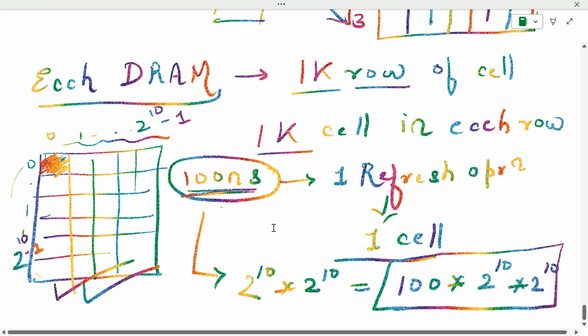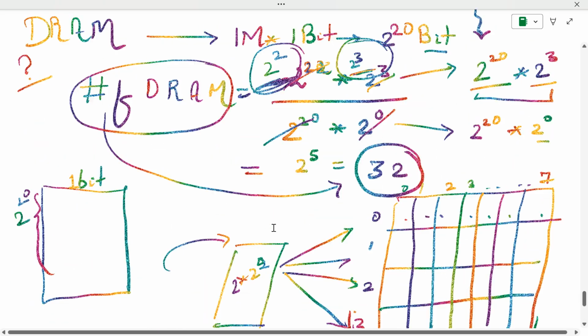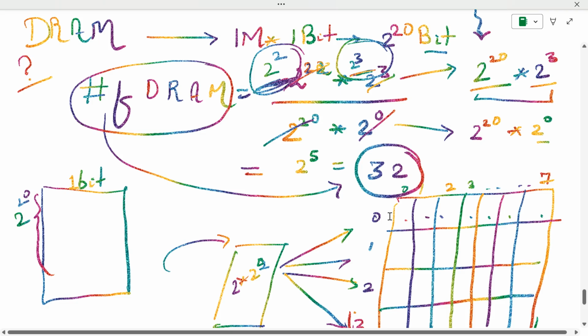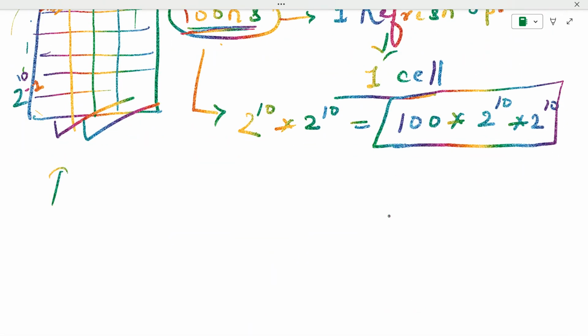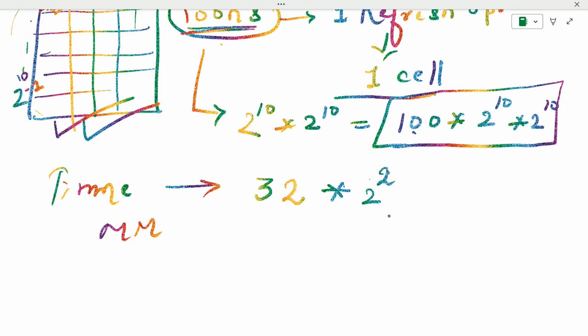Now for the memory, we have already seen how many DRAM chips are required. It is 32. So if we talk about the time required for performing the refresh operation for the entire main memory, we need to perform it for all the 32 DRAM chips, and one DRAM chip requires 2 to the power 20 into 100 nanosecond.